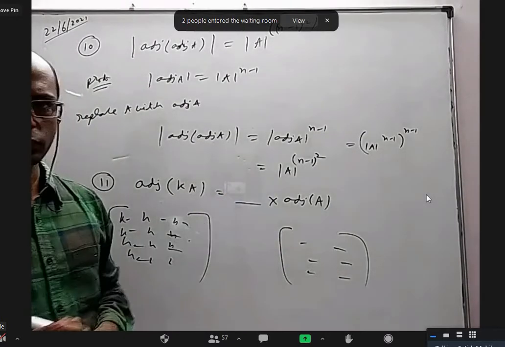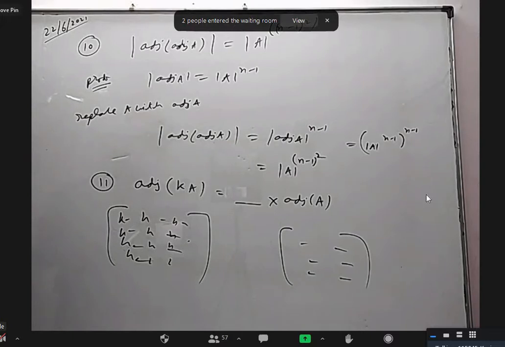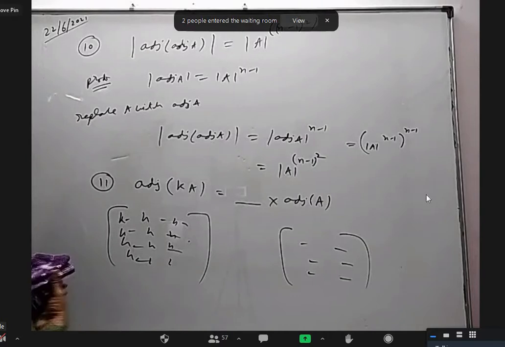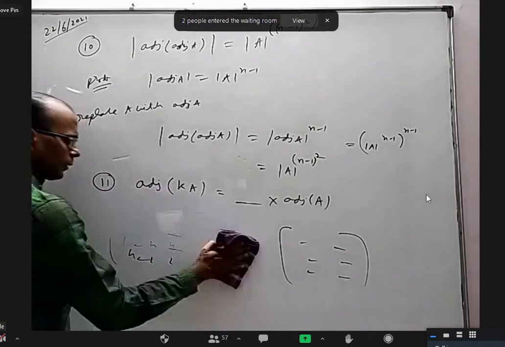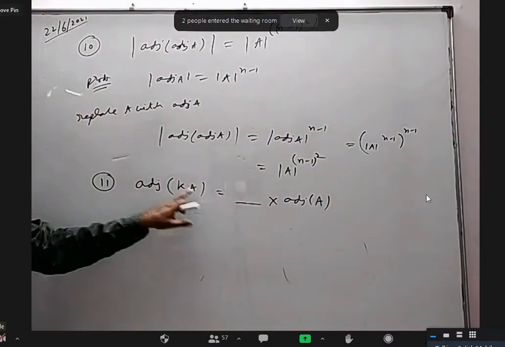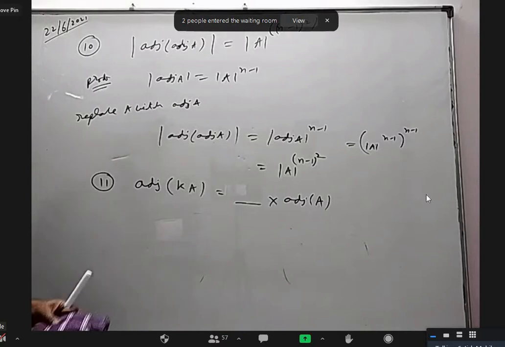Something will come common. What is that? Minus 1 by k, sir? Think about it. Just adjoint only. We are not talking about inverse. When you multiply a whole matrix with k and find adjoint, compared to the original adjoint matrix, what will happen?